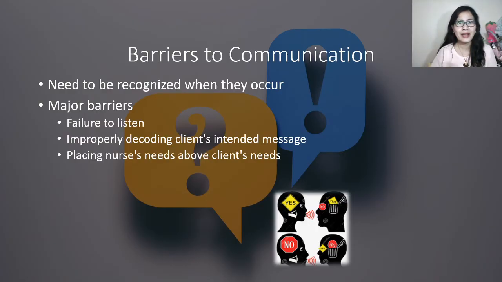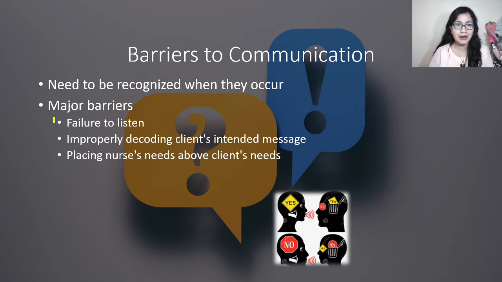Okay, so we're done with some of the therapeutic communication techniques. Now, let's identify some of the barriers to communication. Remember that there's always a need to recognize any barriers to communication whenever they happen, to prevent what? Miscommunication, to prevent being misunderstood.